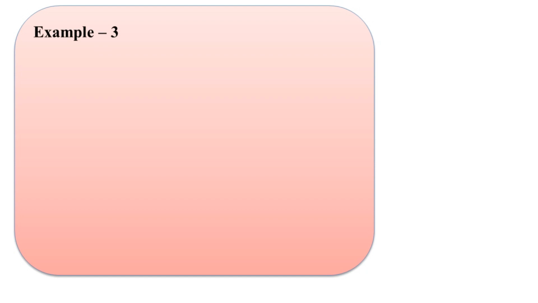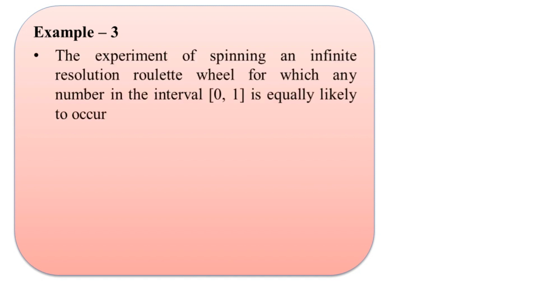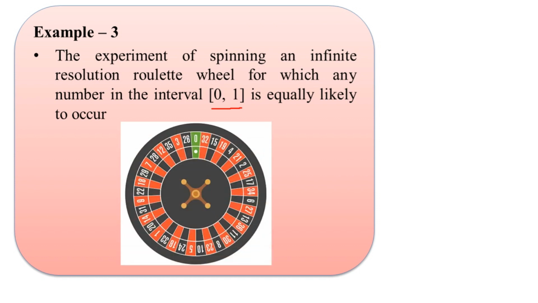You can recall from the first video of this chapter that it was the experiment of spinning an infinite resolution roulette wheel, which has the outcome in the interval 0 to 1, and in this particular interval again the probability is equal to occur here. This is the pictorial representation of the roulette wheel. So this is one of the gambling games here that is mostly found in the European countries here.